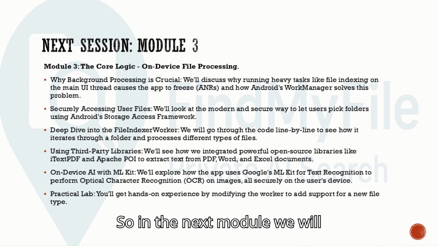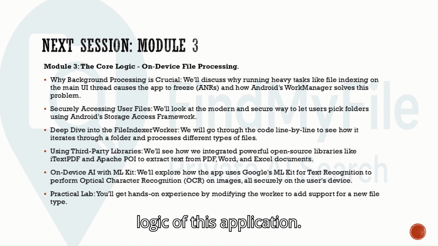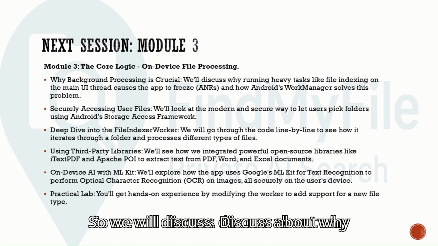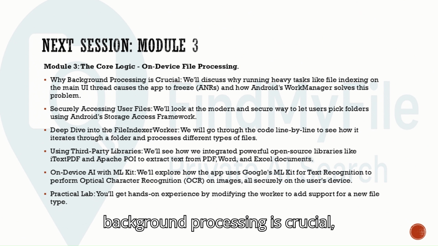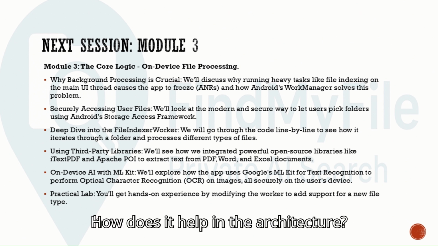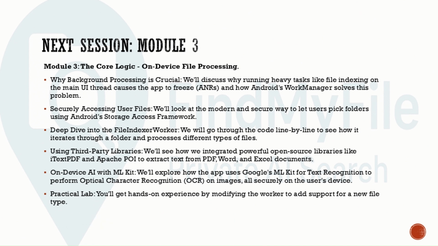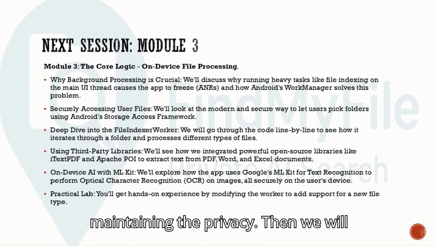So, in the next module, we will talk about the logical layer, the core logic of this application. So, we will discuss about why background processing is crucial, how does it help in the architecture. Then we will talk about how to access securely the user files, maintaining the privacy.